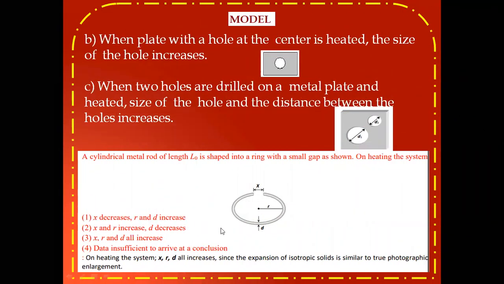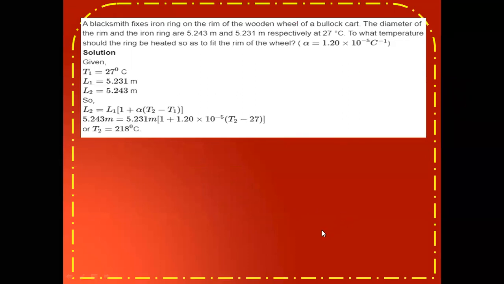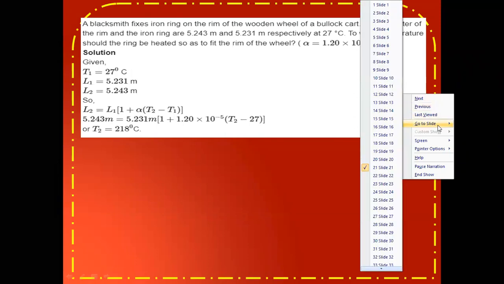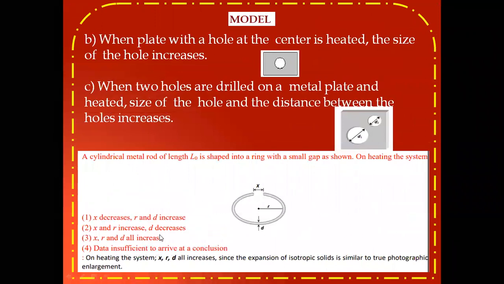Next model. See now, when a plate with a hole at the center is heated, the size of the hole increases. Already you know that the size will increase because of expansion. The expansion will take place outside the periphery like this.